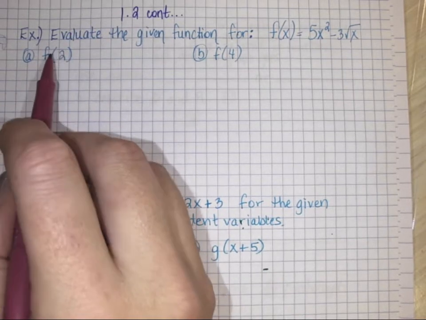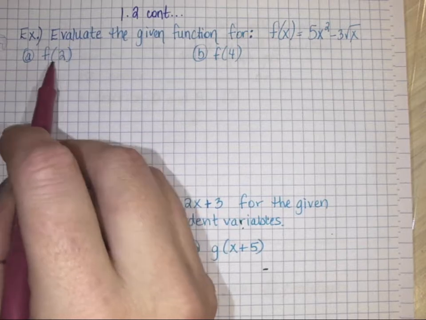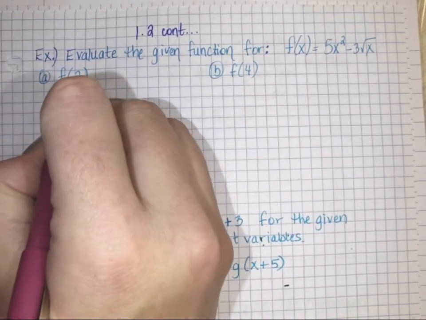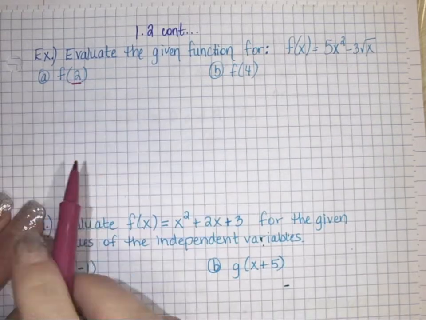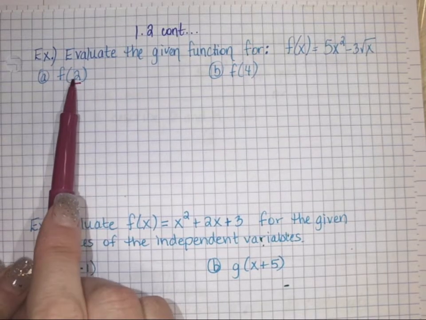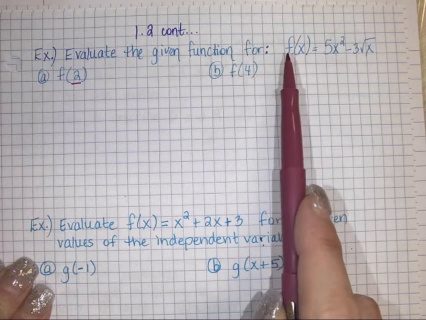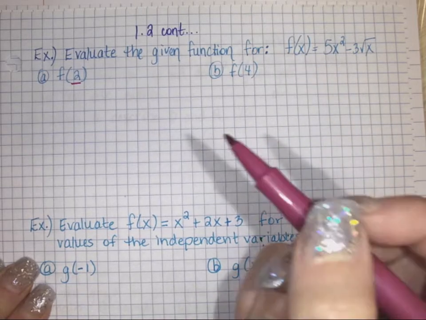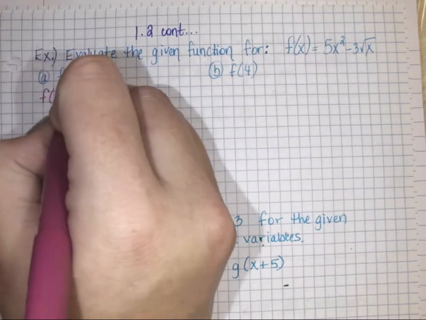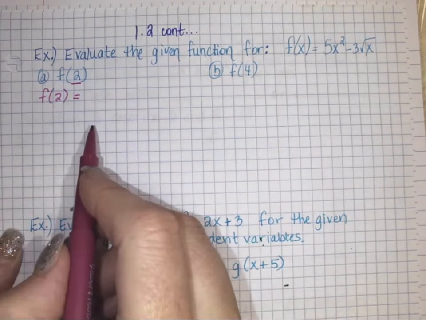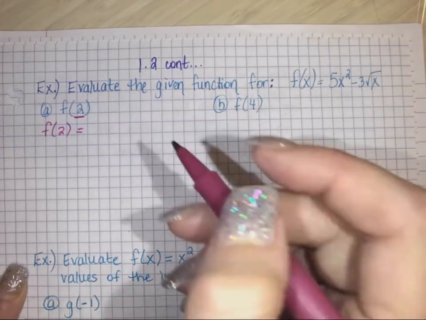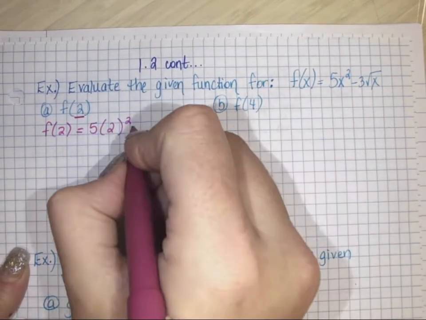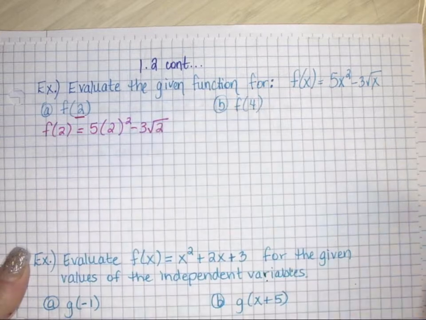You're really just finding an ordered pair of x and y in this case. So what we do, notice that x has been replaced by 2. So I take 2 and I'm plugging it into my function everywhere I see an x. So f of 2 equals 5 times 2 squared minus 3 root 2.